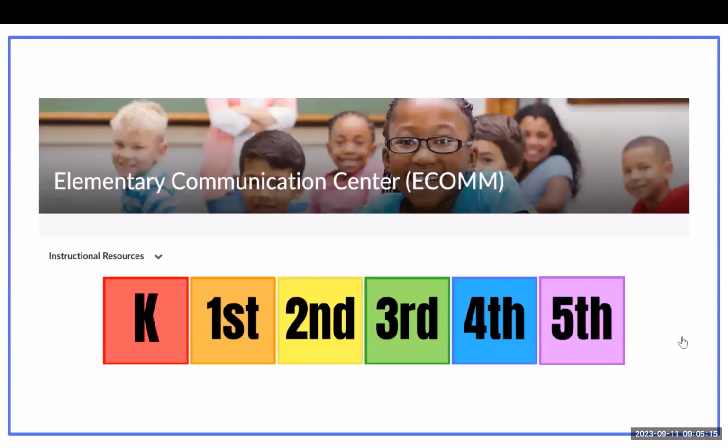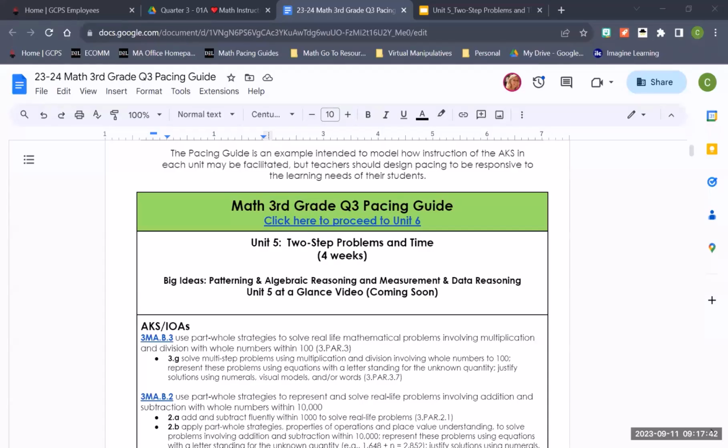Let's head over to Ecom to locate our Q3 pacing guide, and we will take a look at how the AKS and IOAs have been paced out over the course of Unit 5. Welcome to Q3.